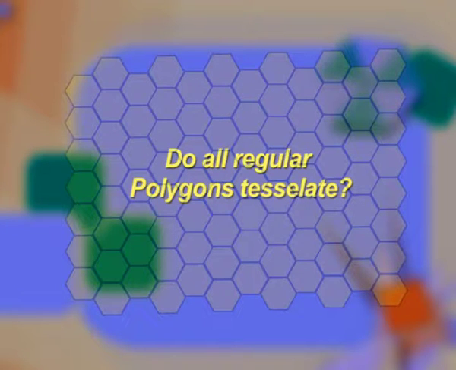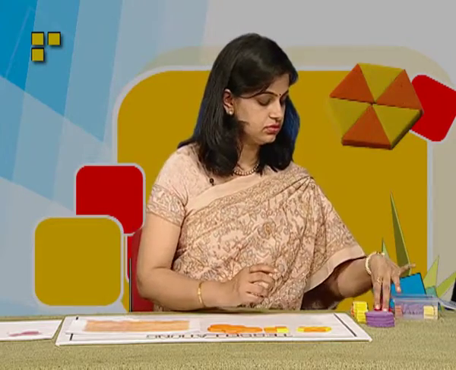So, friends, after having explored these tessellations, the next natural question that arises is, do all regular polygons tessellate? Let us try to do the same thing that we have been doing with the set of pentagons next.